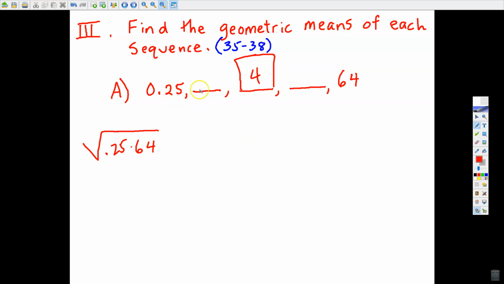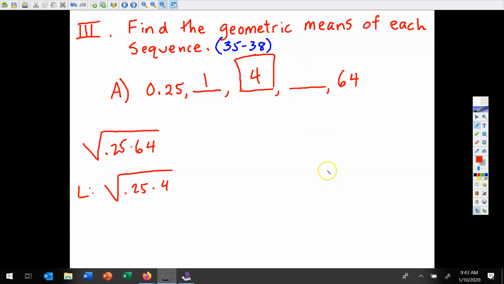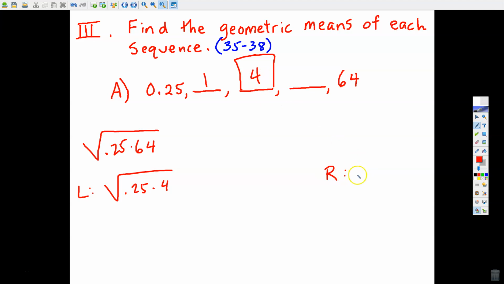And now it's easy enough. Use that same approach to find the left missing term and the right missing term. So the left missing term, you will do the square root of 0.25 times 4, which should be 1. And the right side missing term, you'll use the square root of 4 times 64, geometric mean.